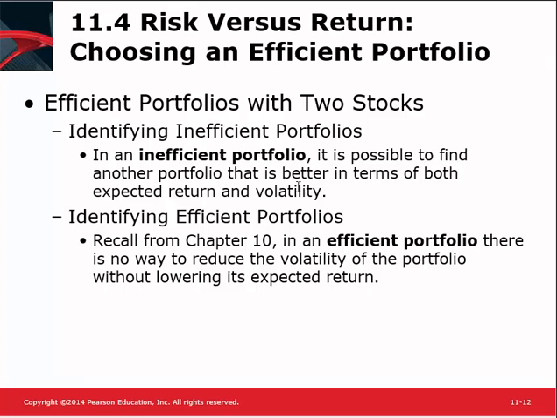There's another portfolio that's better than what we've already talked about in terms of expected return and/or volatility. So to identify those efficient portfolios, we want to find those that are going to maximize return for a given level of risk. Find the lowest risk portfolio that has the highest expected return.